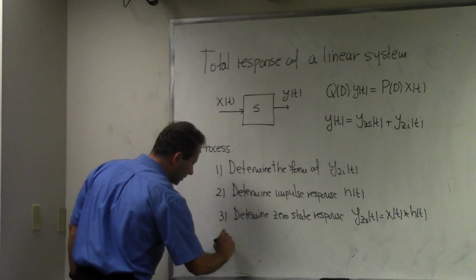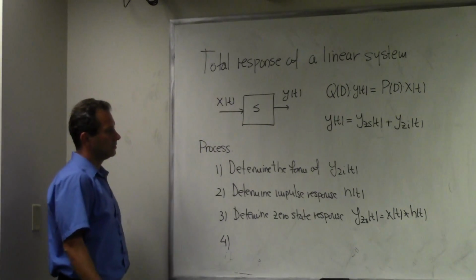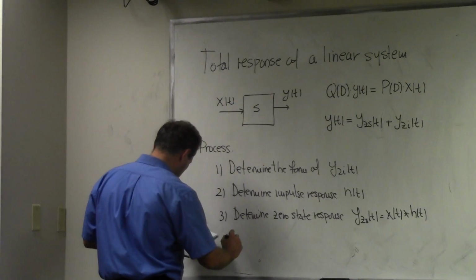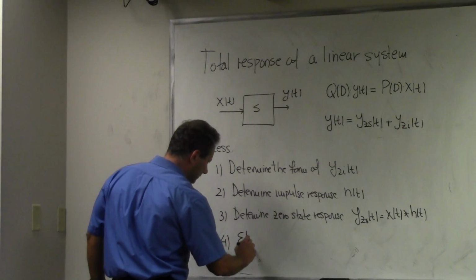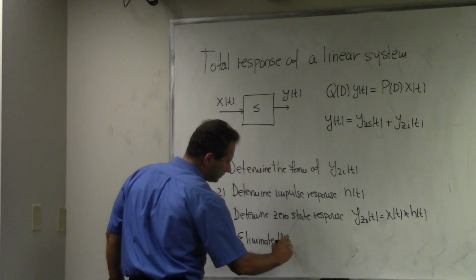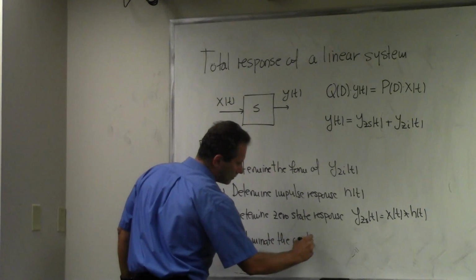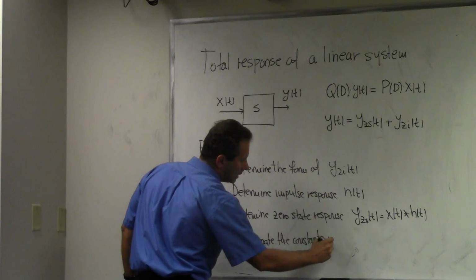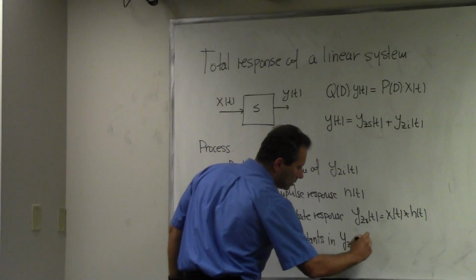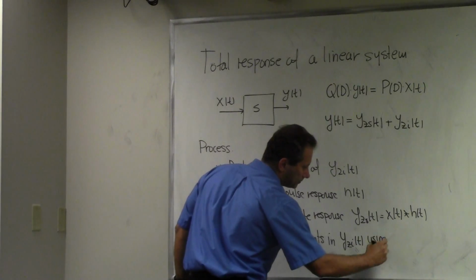And in the fourth step, we're going to satisfy initial conditions. So eliminate the constants in y zi of t using initial conditions.